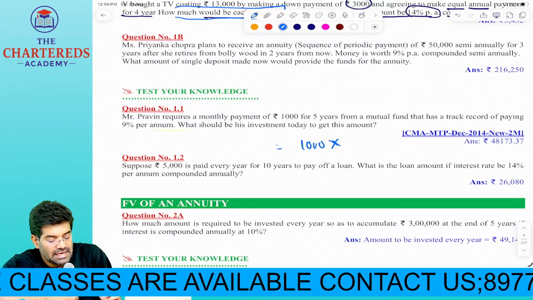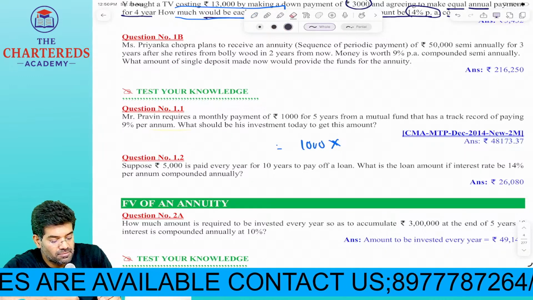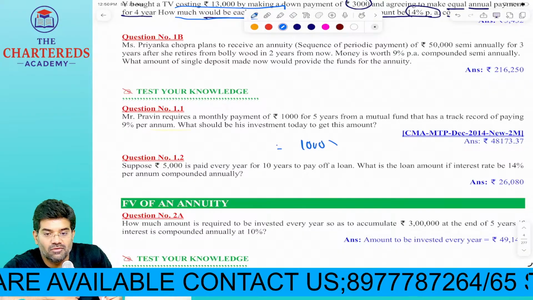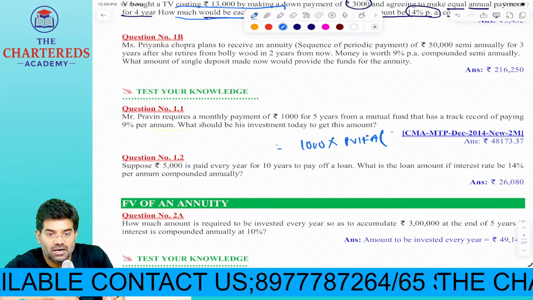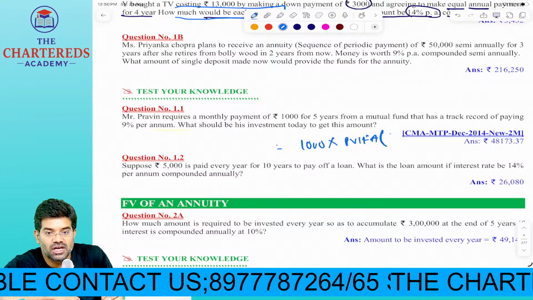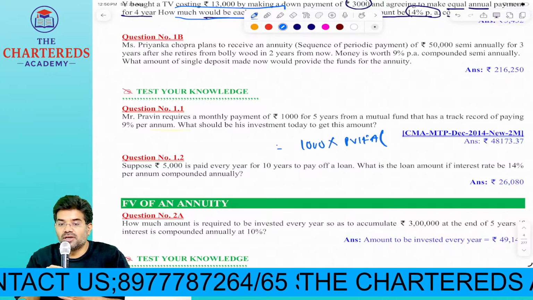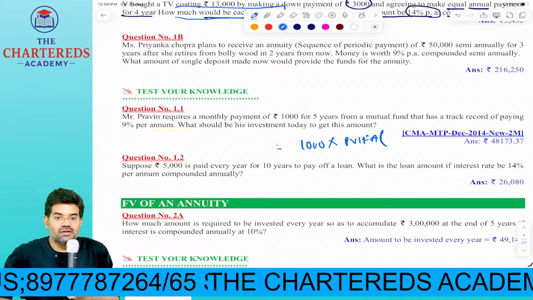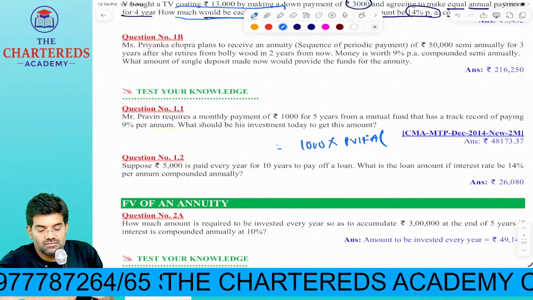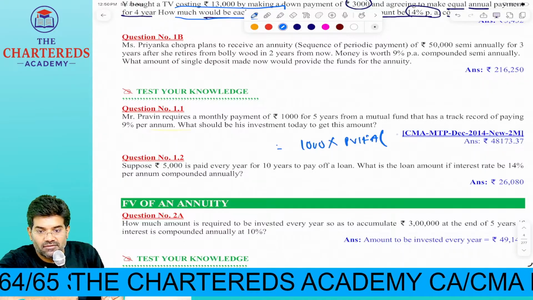1,000 into or divided by. See, every PVIFA, what is the formula for present value of ordinary annuity? PVIFA, comma, what is the rate of interest I should consider now? Per month I should consider 9% divided by 12. 9% divided by 12. 0.75%, right?